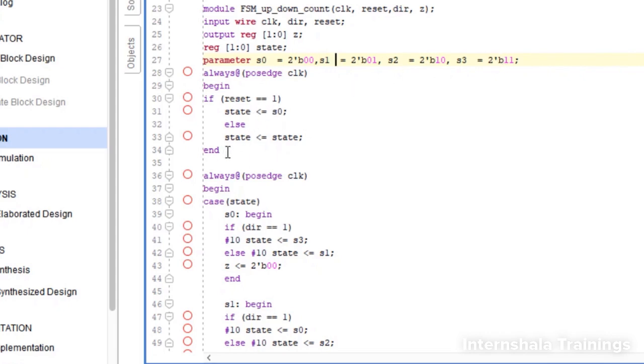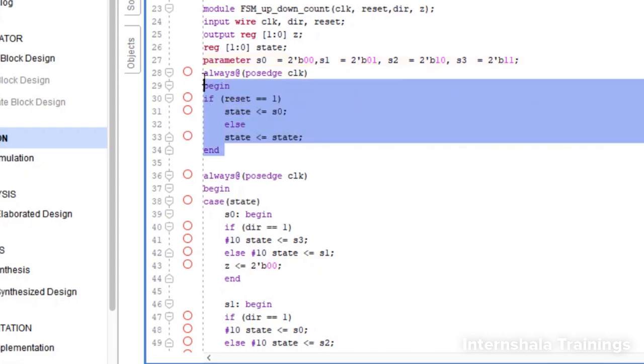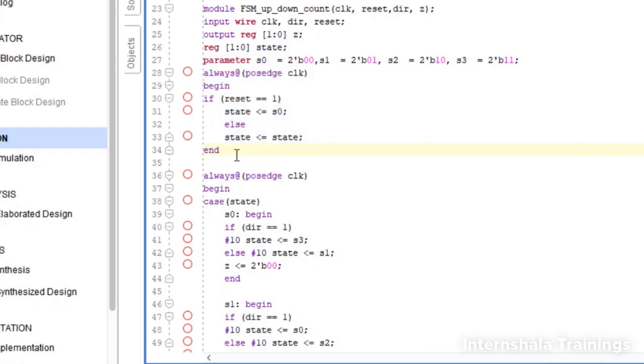Now as usual, first of all we define the reset case. If reset is 1, state goes to S0, otherwise state remains at the same value. Now we are going to define the case statement for all the 4 states. There is something different that I have done this time.